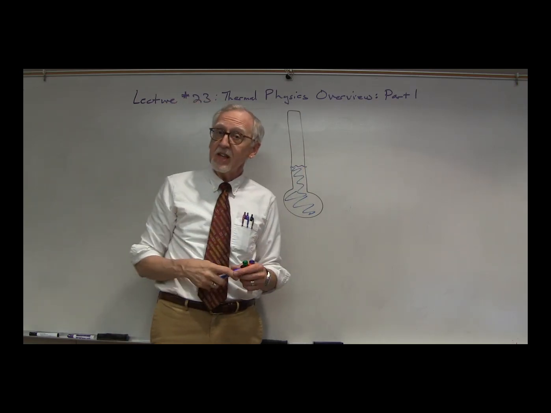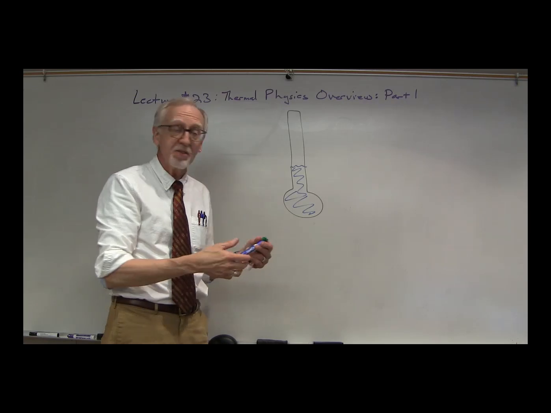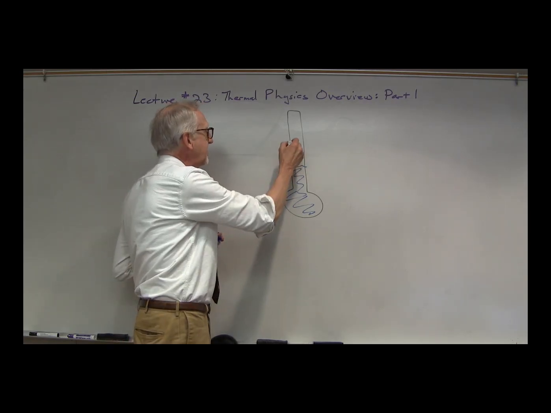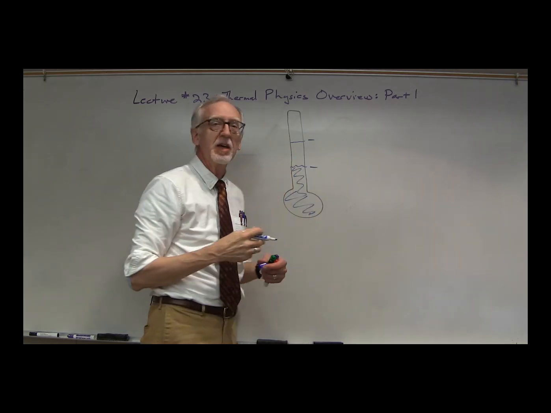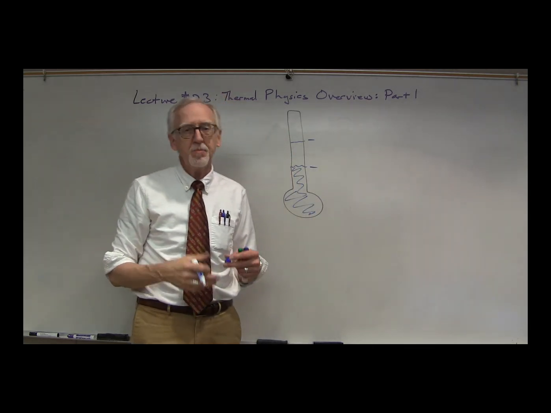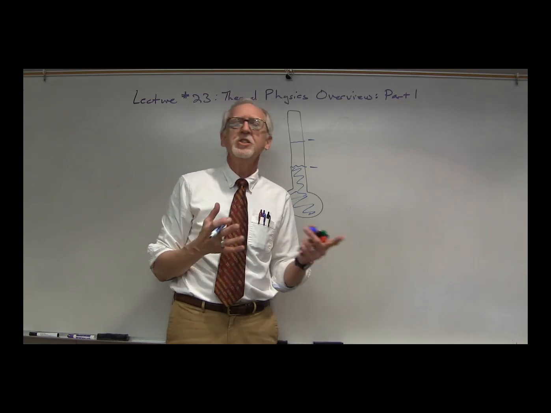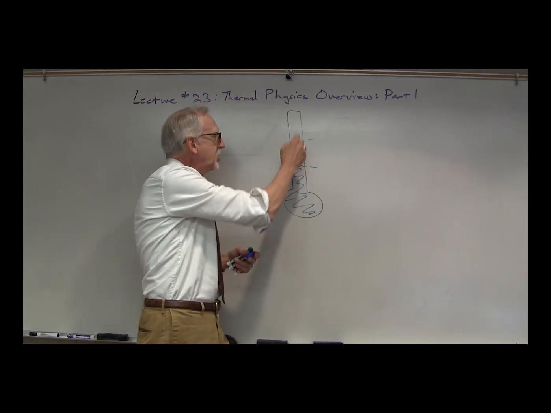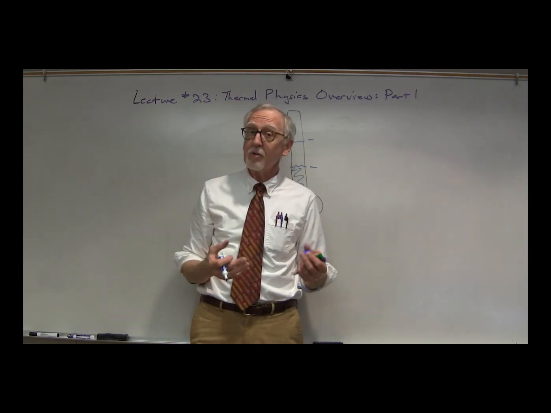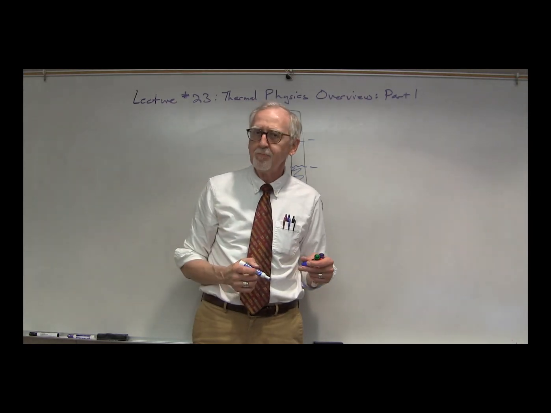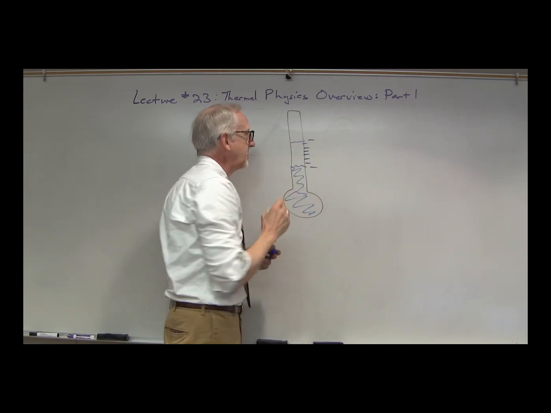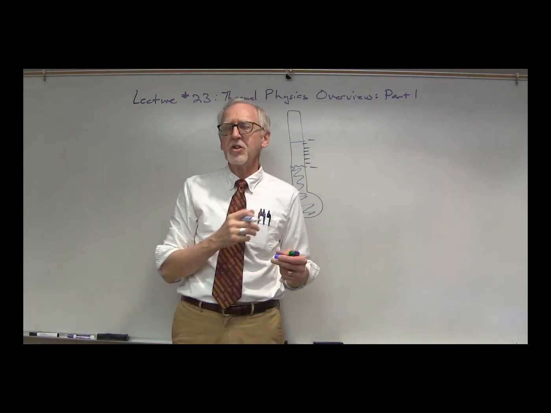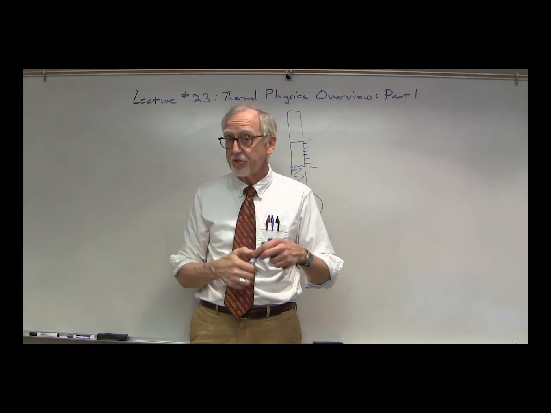If we heat this liquid up, the liquid expands, and the height of this liquid then goes up. We can then use the height of the liquid and assign a temperature to it. And as long as the temperature changes are not too much, the change in the liquid is linearly related to the temperature, and so we can subdivide this into equal subdivisions, and this allows us to define a temperature scale.